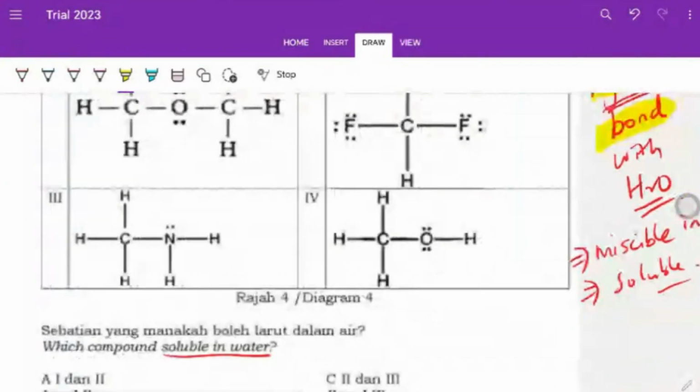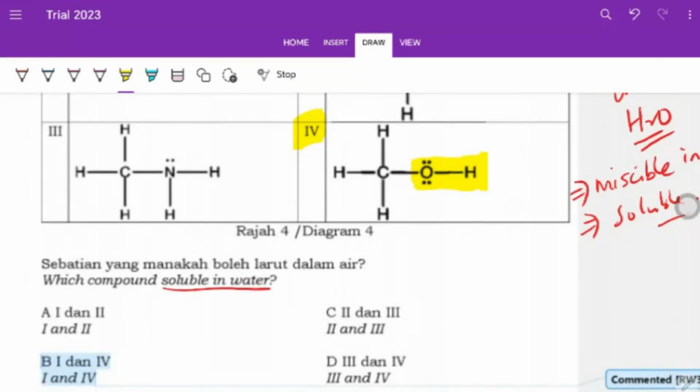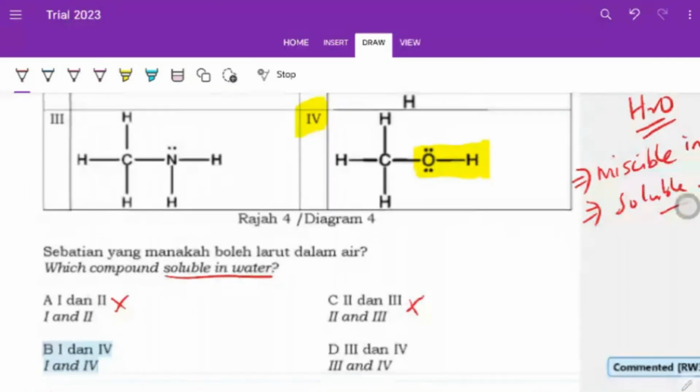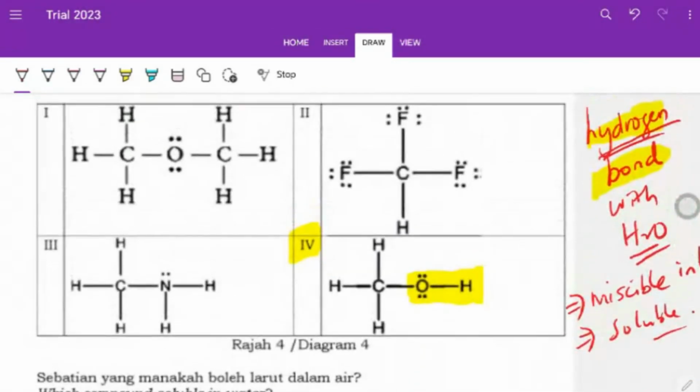Can be soluble in water. Let me see. If this one confirm cannot. Hydroxyl, alcohol, right? Then it will form hydrogen bond. So 4 is confirmed. So A and C are out. Now we have 1 and 4 or 3 and 4. So 1 or 3.